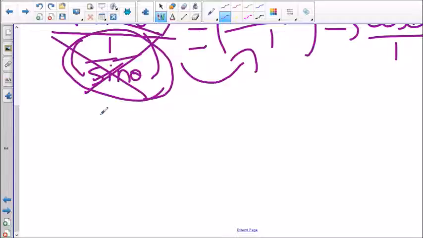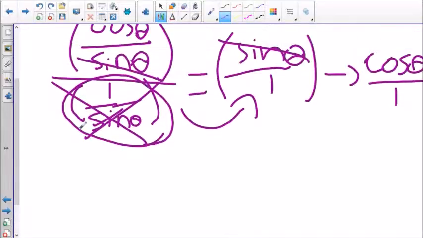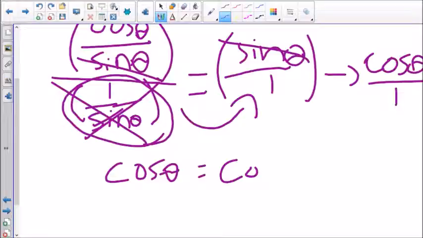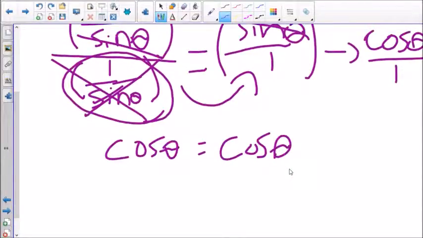That proves it, because cosine over 1 would just be cosine. So cosine theta equals cosine theta. So that's how you solve that problem.